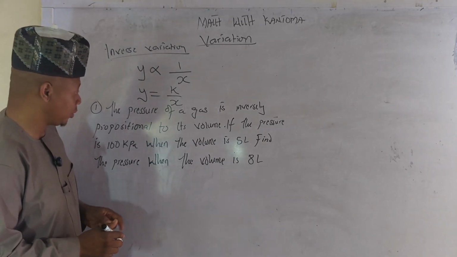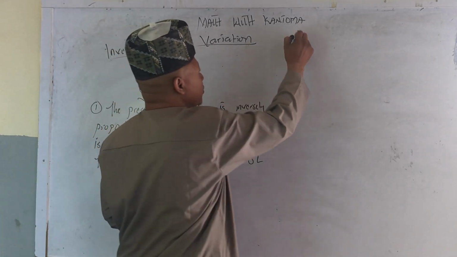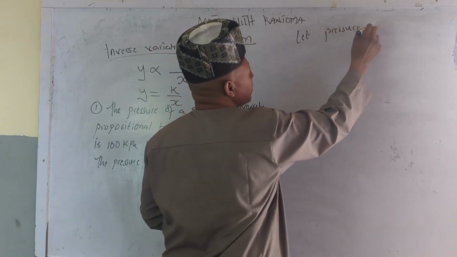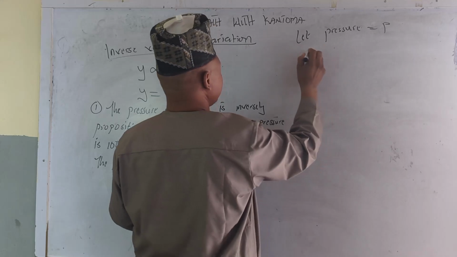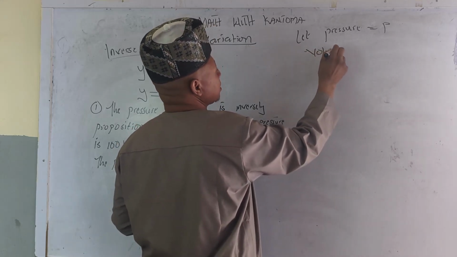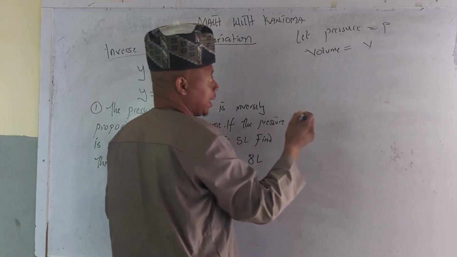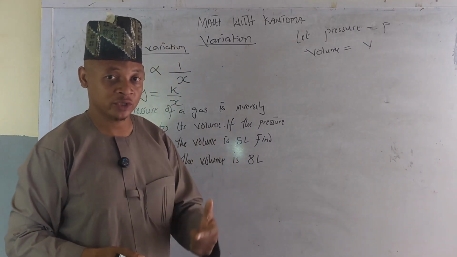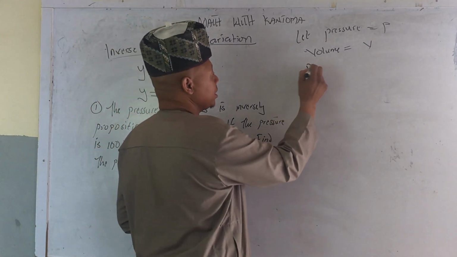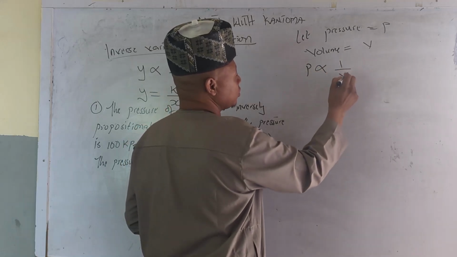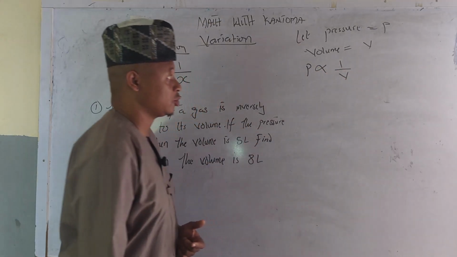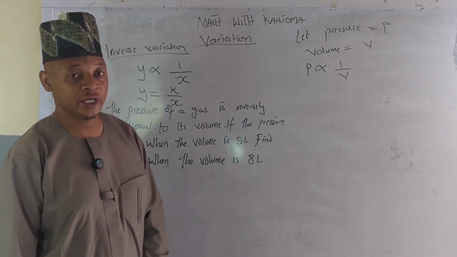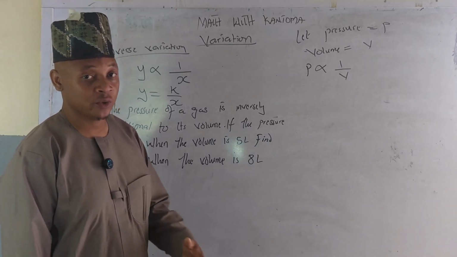So now, let's start by assumption: let the pressure be equal to P, and the volume of the gas be equal to V. It says that the pressure is inversely proportional to the volume, meaning P is proportional to 1 over V. That is the inverse relationship between the pressure and the volume.